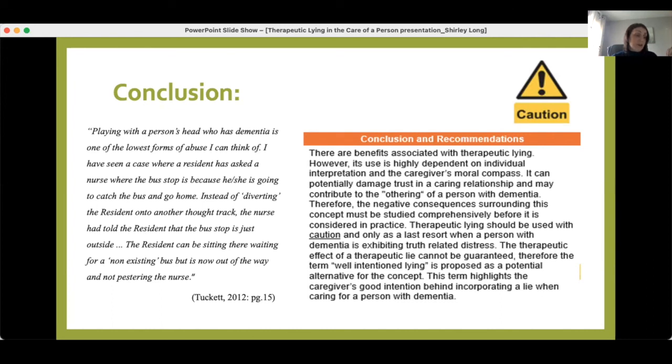The therapeutic effect of a therapeutic lie cannot be guaranteed. Therefore, the term well-intentioned lying is proposed as a potential alternative to the concept. This term highlights the caregiver's good intention behind incorporating a lie when caring for someone with dementia. And that's the end of the presentation.